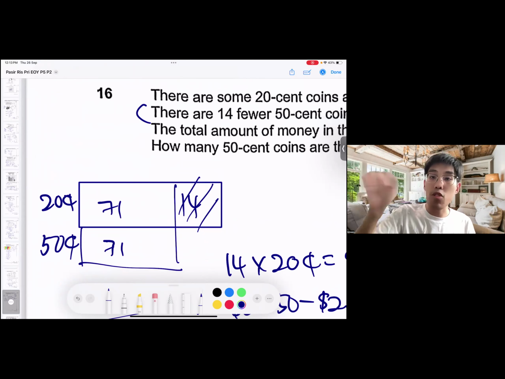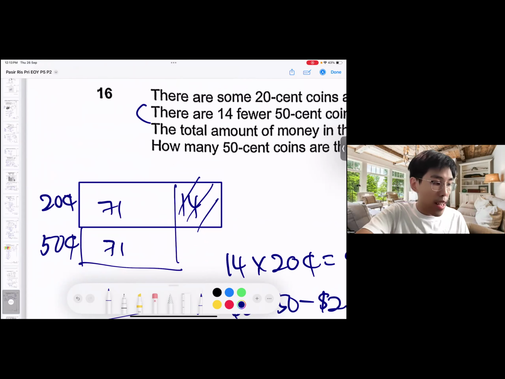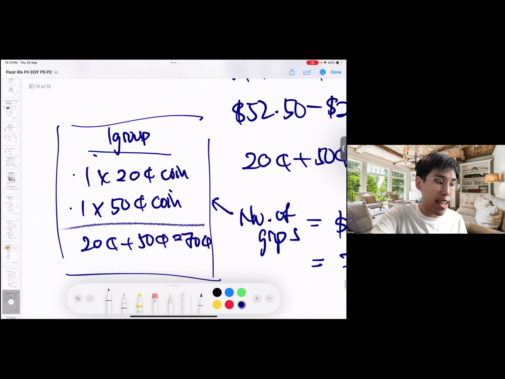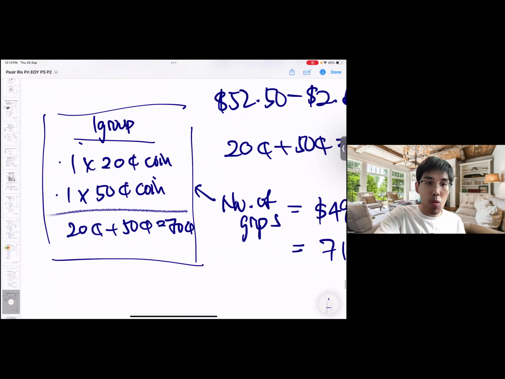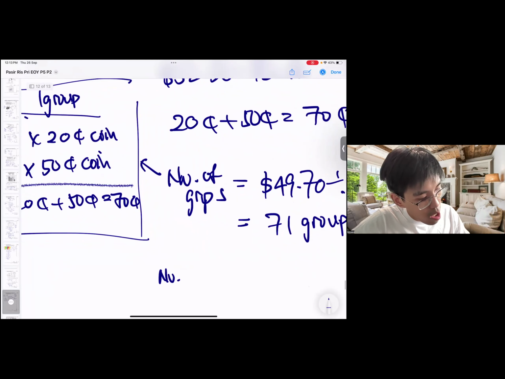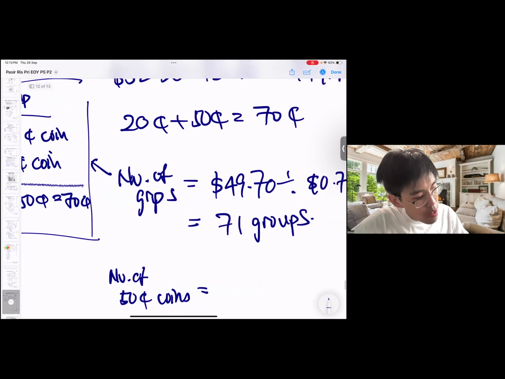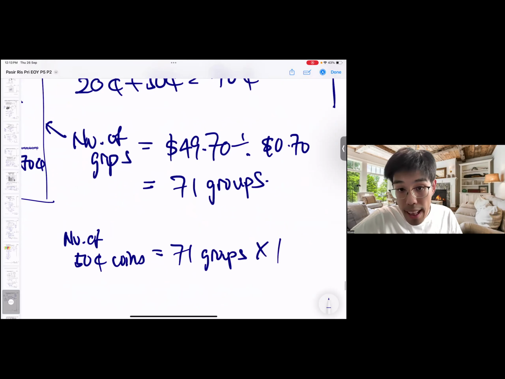Whatever is remaining, which adds up to $49.70 in value, is made of 71 of such groups. In one group, there is only one 50-cent coin. That means the number of 50-cent coins will be 71 groups times 1 equals 71 coins.